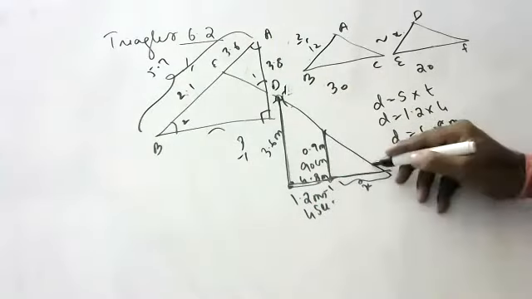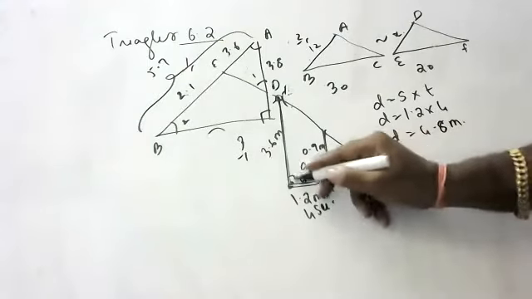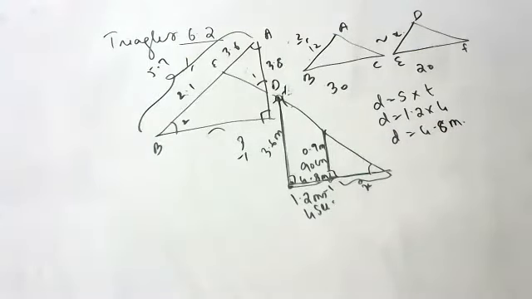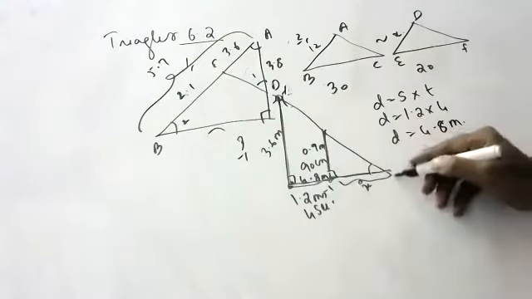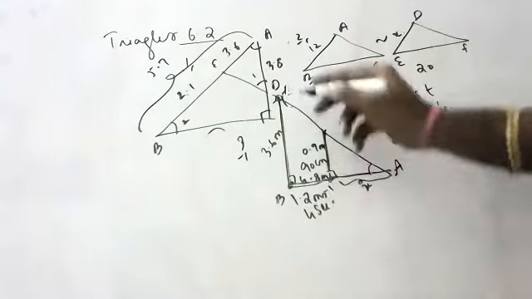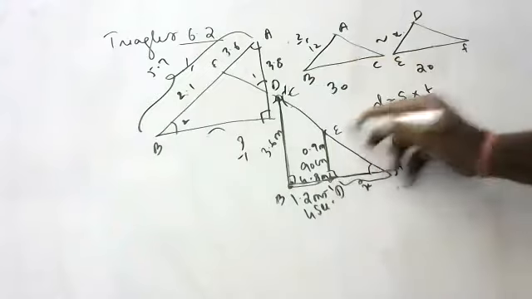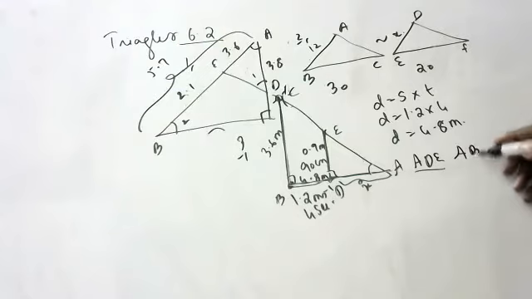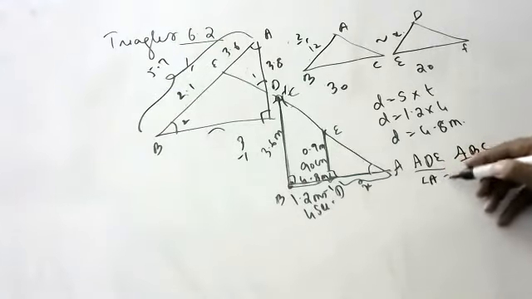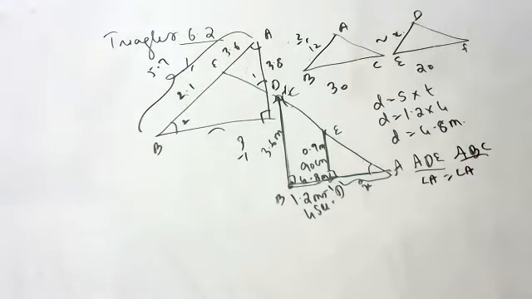Children, this is a common angle. These are 90 degrees because they are standing perpendicular to the ground. So the small triangle is similar to the big triangle. Those who did not understand, please listen again. In triangle ADE and triangle ABC, angle A is equal to angle A, a common angle.